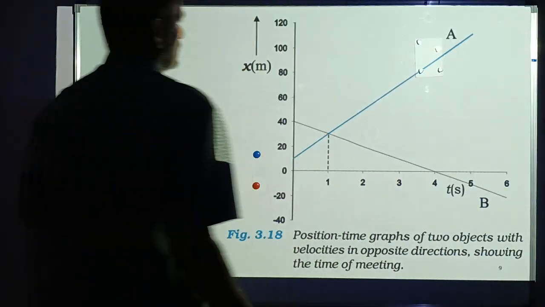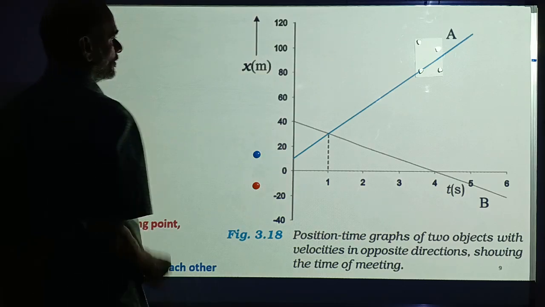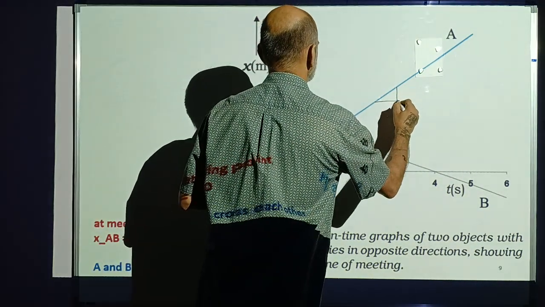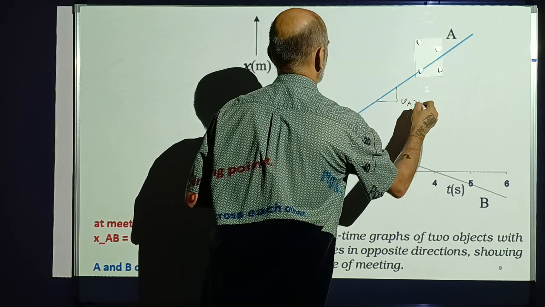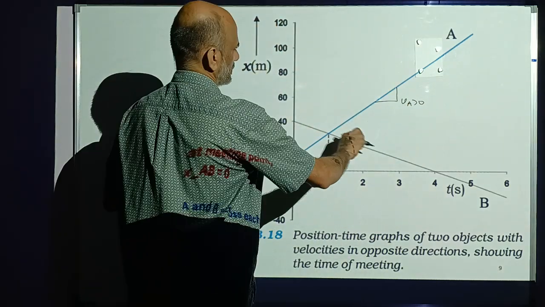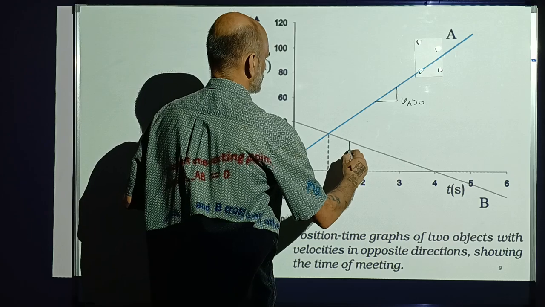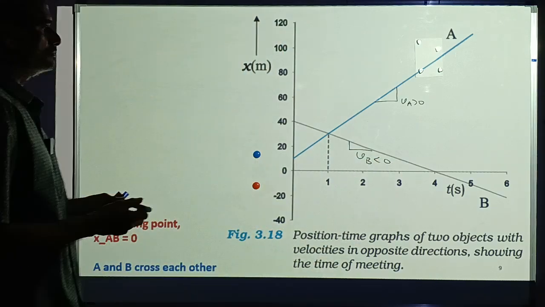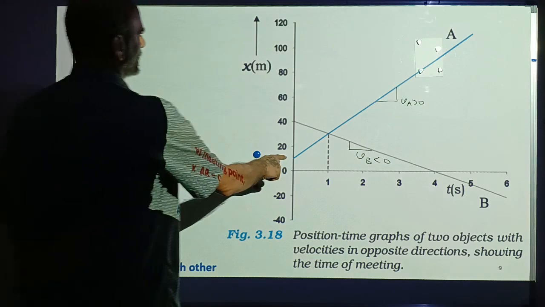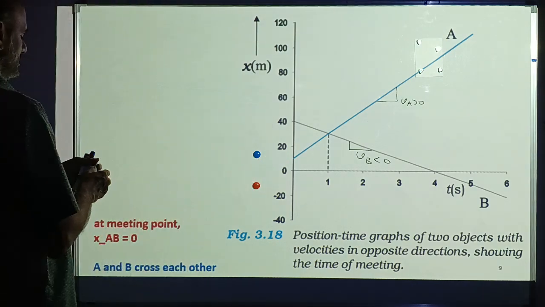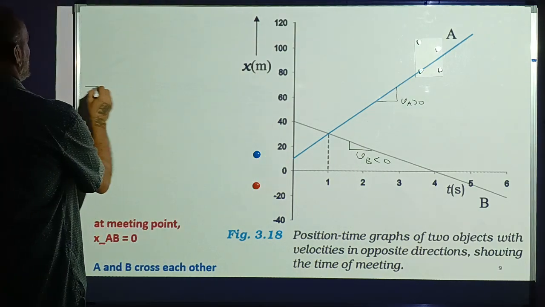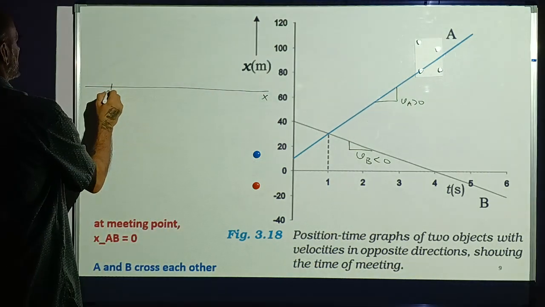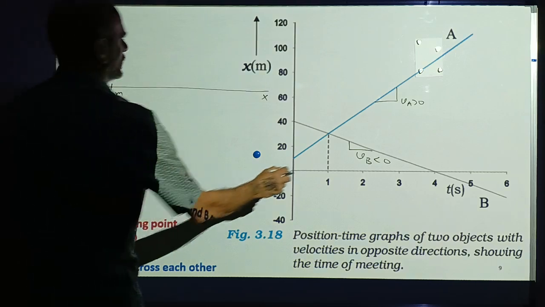The next example is again A and B, but A has a positive velocity, in the sense moving in the positive x direction, but for B the slope is negative because it's going down. So this slope, which gives the velocity of B, is negative. A is starting at 10 meters, B is starting at 40 meters. So if we draw this trajectory, this is the x-axis, with a point at 10 meters and 40 meters.